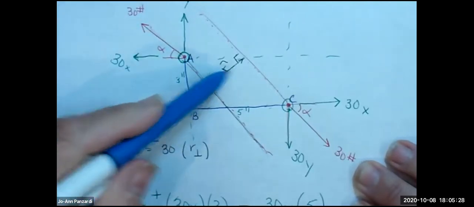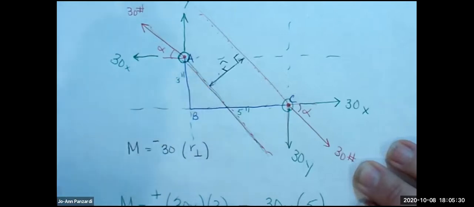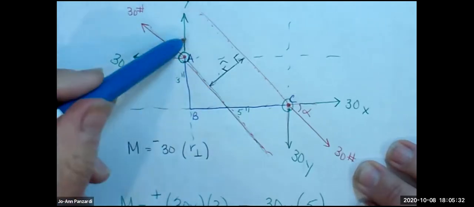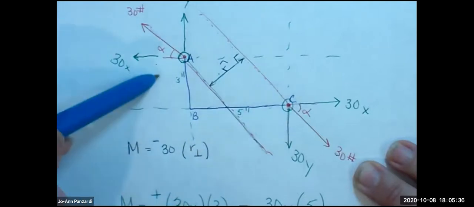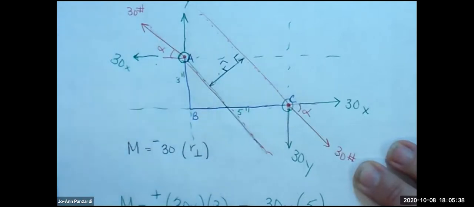But if I don't want to calculate the perpendicular distance, then I could break each force into components and solve for the moment due to each couple separately. Does this make sense? Yes.